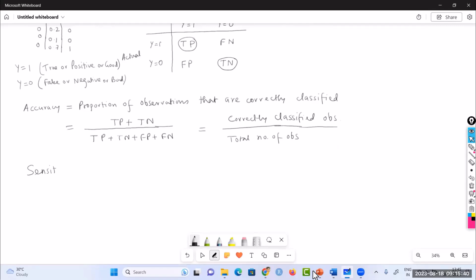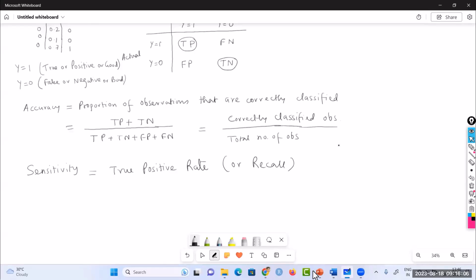Coming to the other metric, which is sensitivity. What is the sensitivity? Sensitivity is also known as the true positive rate, also known as recall.